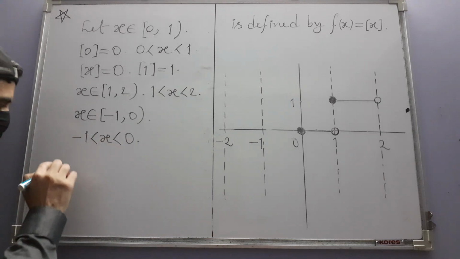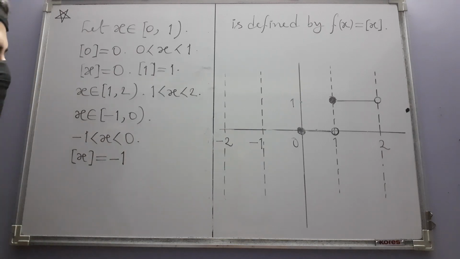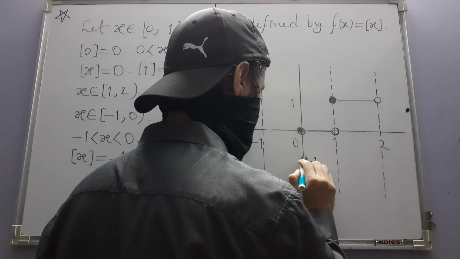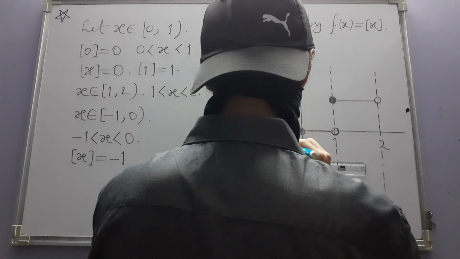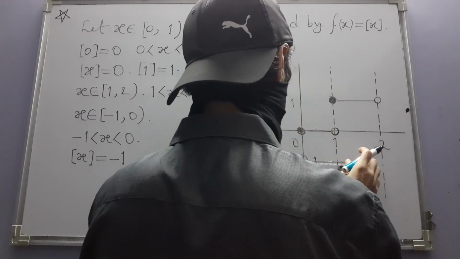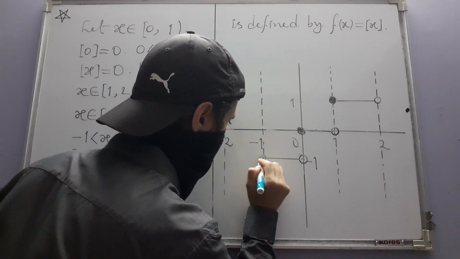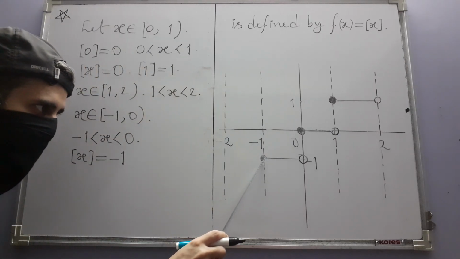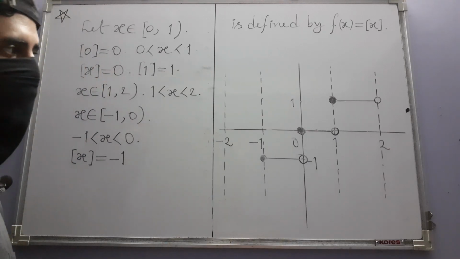And that is why for all such x, this is -1. So if my -1 is here, then this should be the graph in this portion. When x is -1, the value is also -1. When x is 0, the value is not -1. That's why this circle is white.